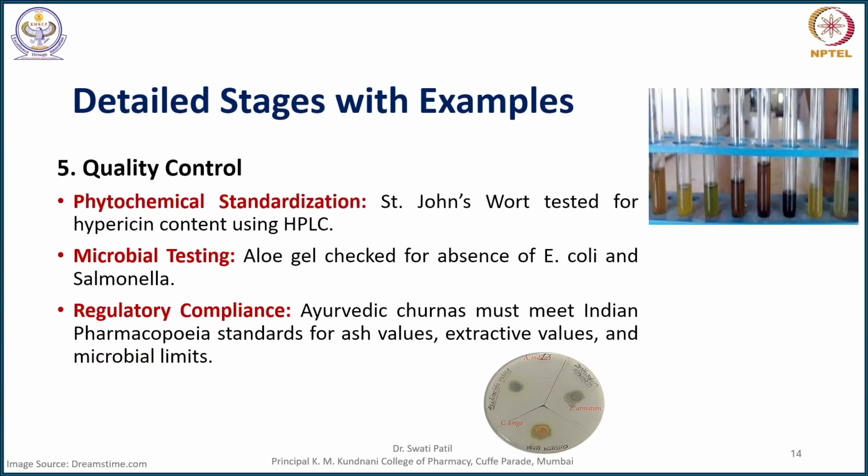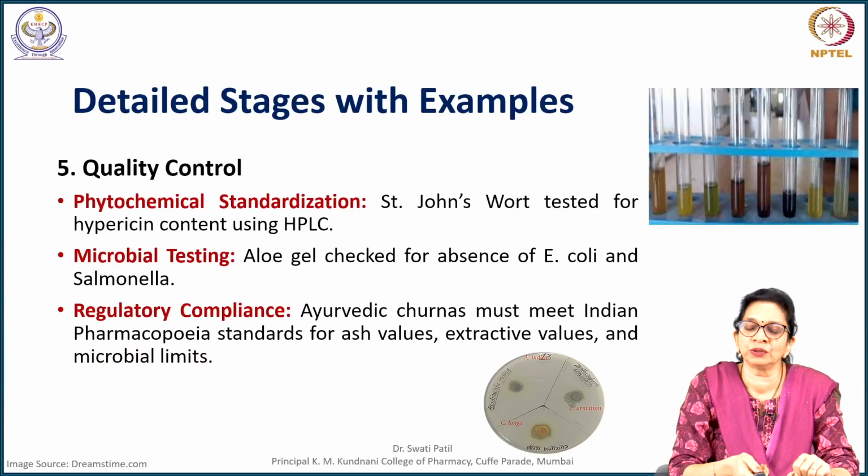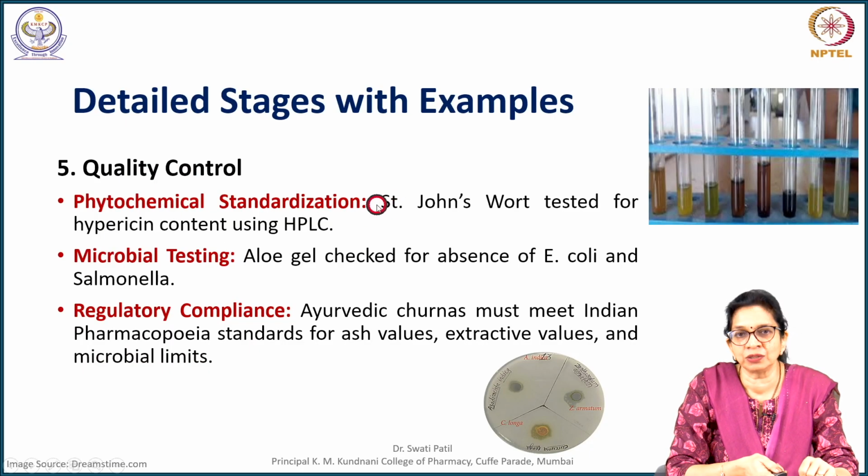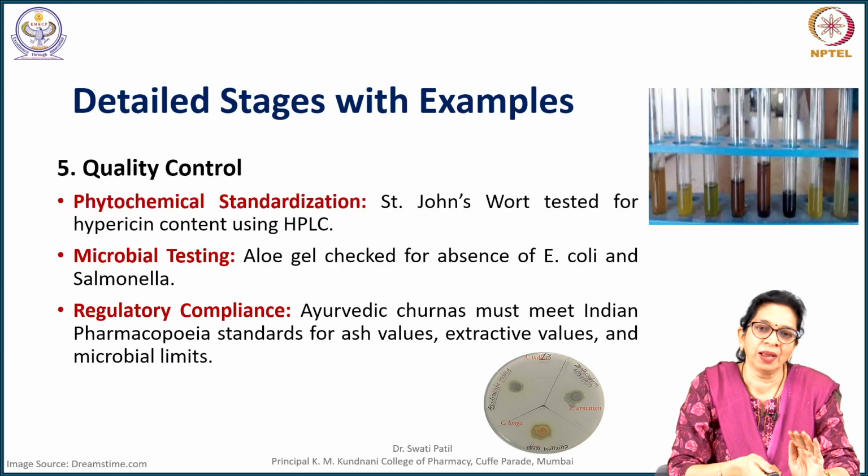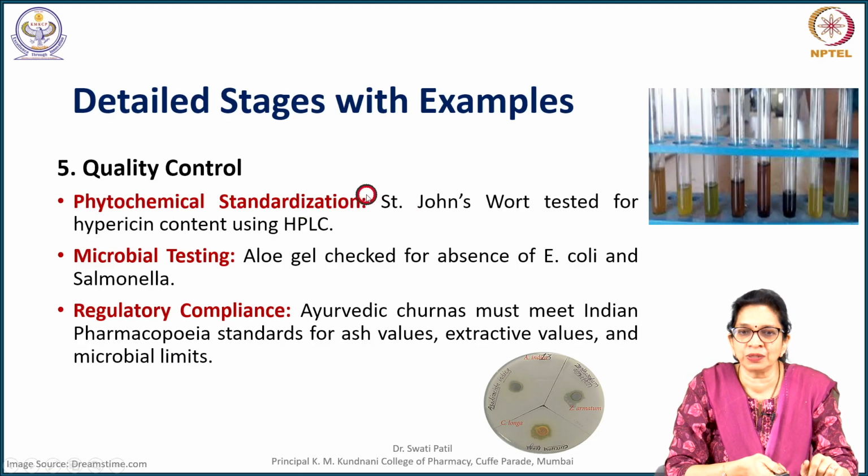Quality control is a very important part of any herbal formulation or herbal raw material. The phytochemical standardization with respect to the major active constituent is stressed upon these days by WHO and Ayush. For example, St. John's wort is tested for hypericin content using high performance liquid chromatography.